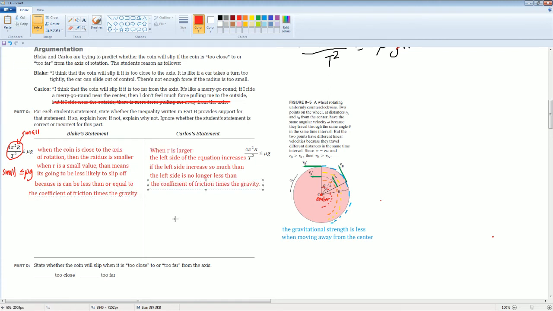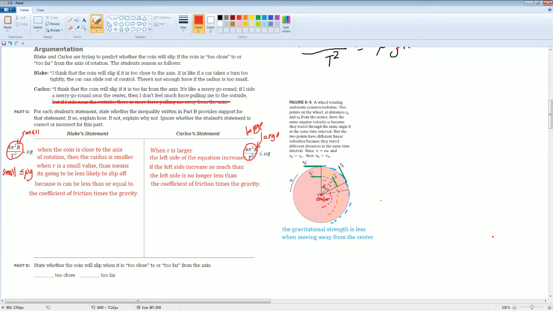All right. So let me show you this mathematically. If this bad boy here goes up, so this becomes large, this whole thing is going to become large. The fact that this gets large, can this still be true?